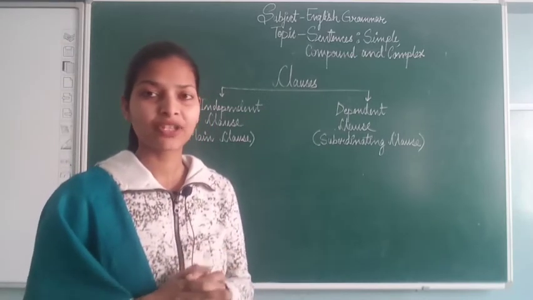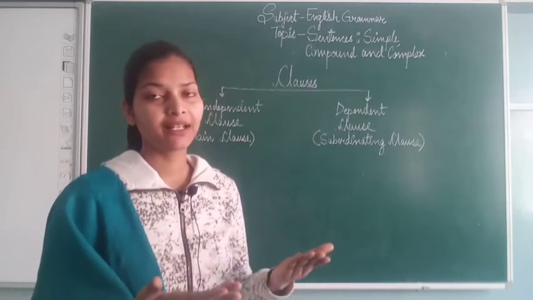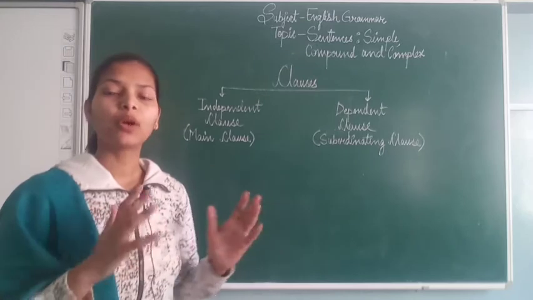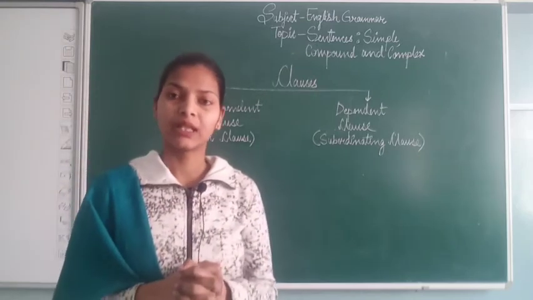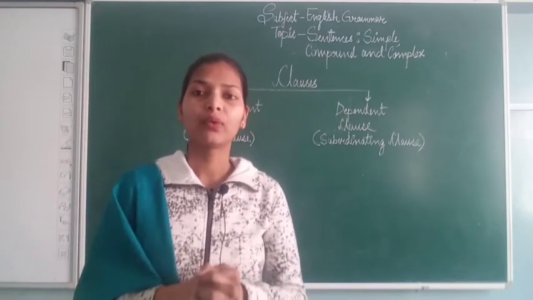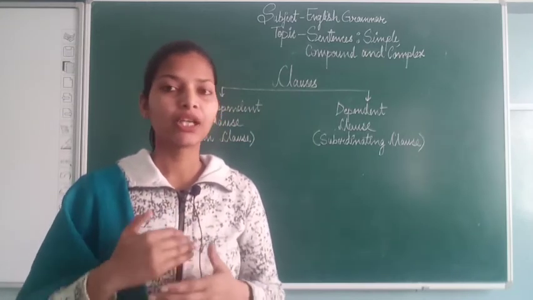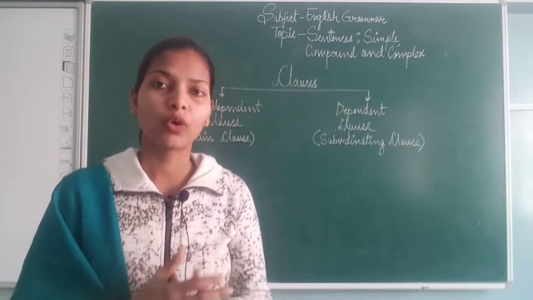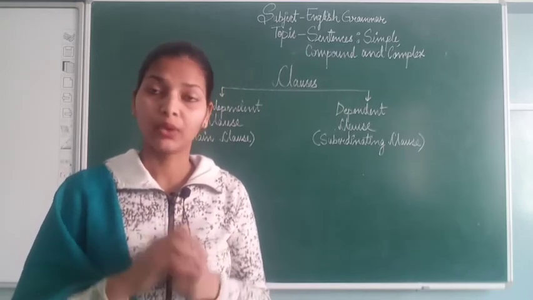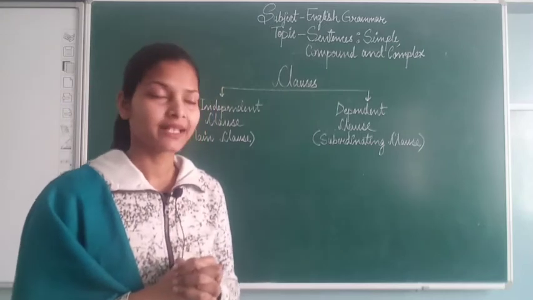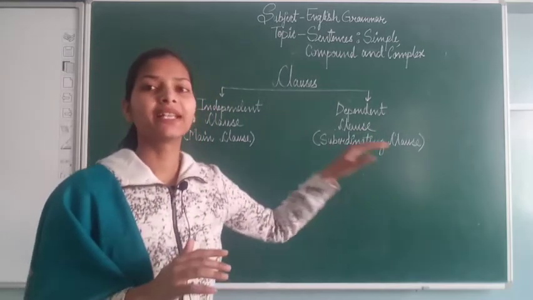Now as the name suggests, independent and dependent. Independent is also called the main clause. Now what is a main clause? The main clause is the one which makes complete sense by itself, meaning it does not require any other clause to complete its meaning, whereas it is just the opposite with the dependent one, as it is also known as the subordinating clause.